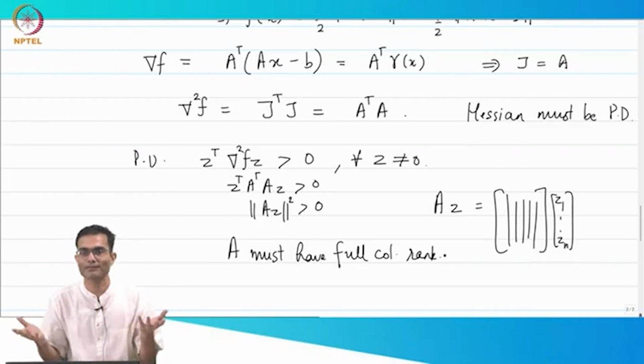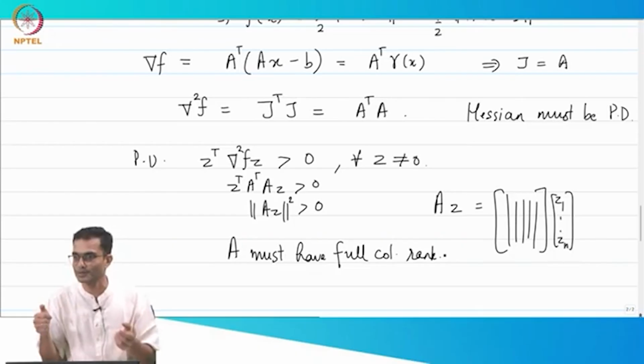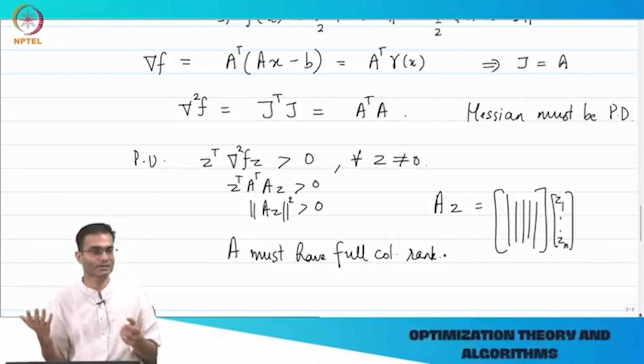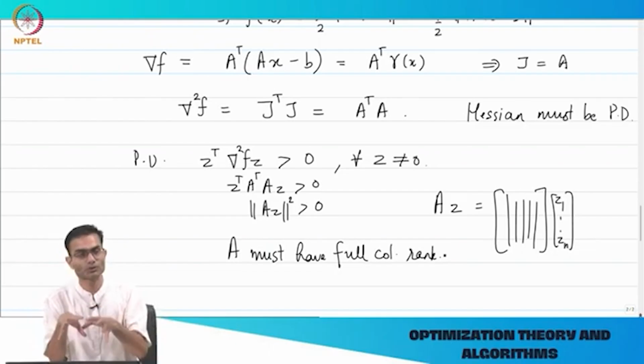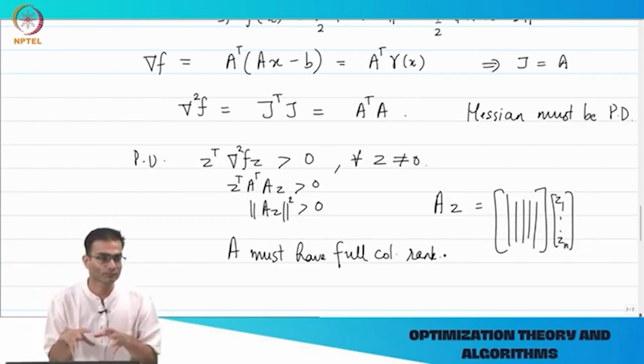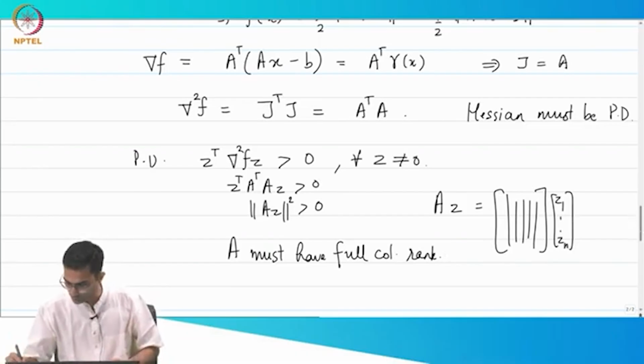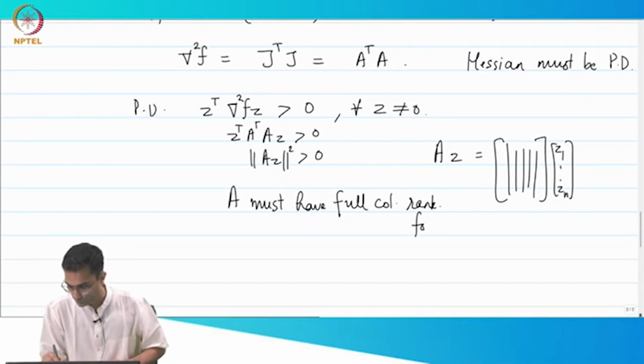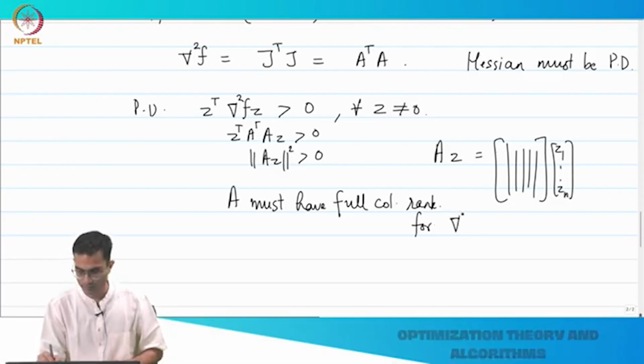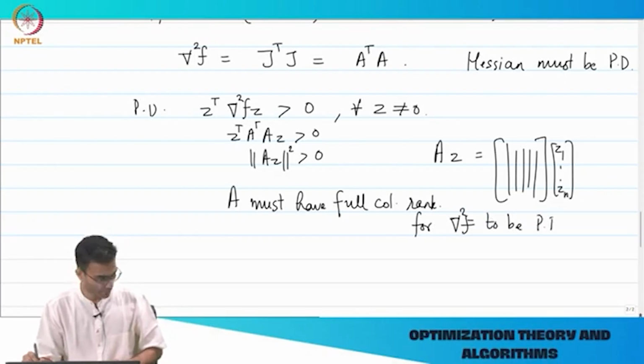It seems naively just take uniformly spaced points. It's often not such a good strategy. So all of that will come into the numerical properties of A. Okay, and we'll come to that a little bit further down the line. But A must have full column rank for this to be positive definite.